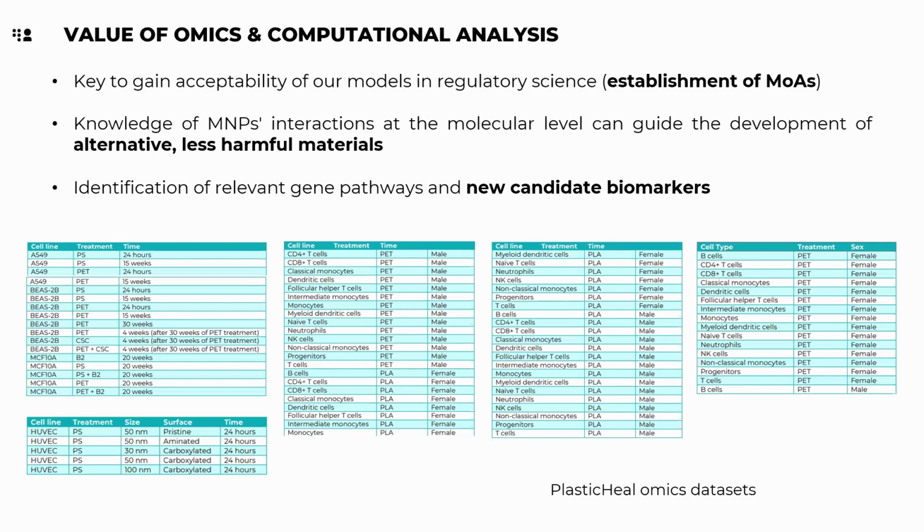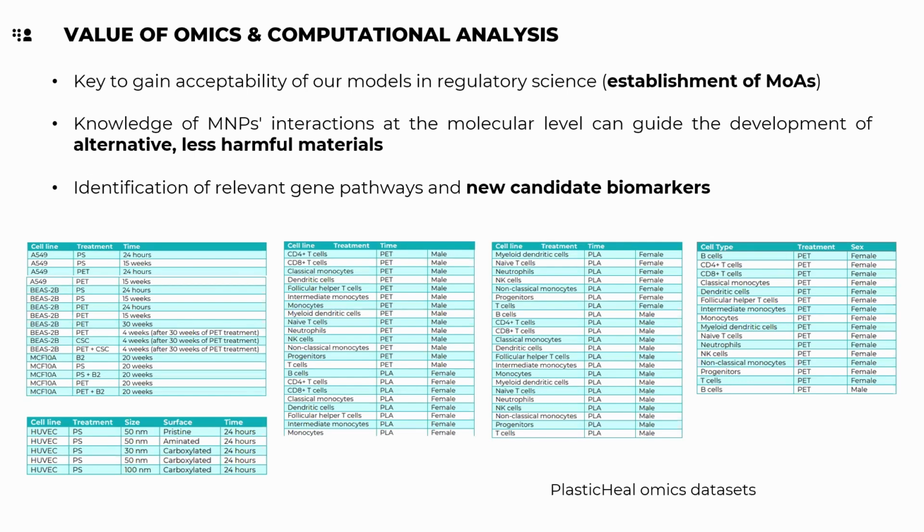There are a lot of data sets of different plastics in different cell types. And we have developed a way of analyzing this comprehensively so we can ask the machine, for instance, what are the common pathways that are deregulated for polystyrene or for PET across all different data sets. And then it gives you comprehensive information to detect mechanisms and to detect potential new biomarkers.